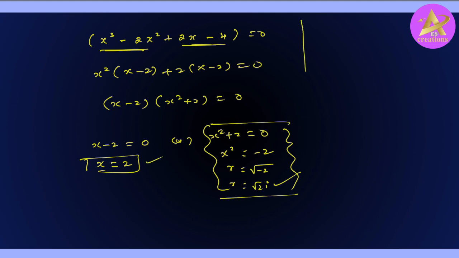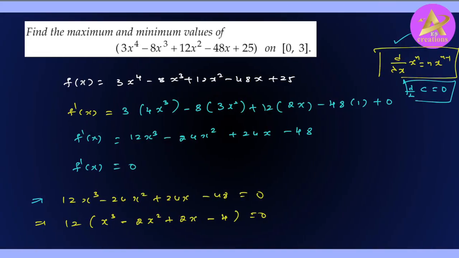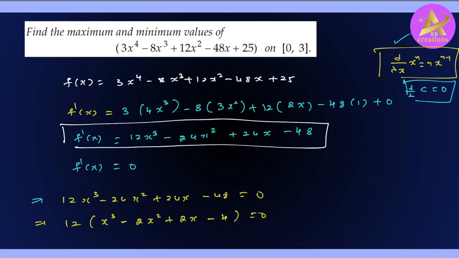Okay, we already got the x value, and the next step is to find the double derivative, f double dash of x. This is f dash of x. Again differentiate, and we get f double dash of x equal to: 12 x cube differentiation is 3x square, minus 24 x square differentiation is 2x, plus 24 x differentiation is 1, and constant differentiation is 0.